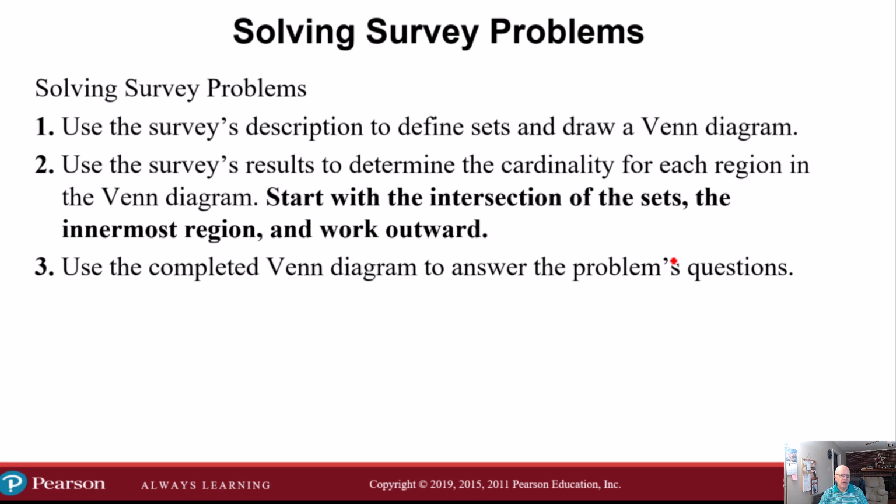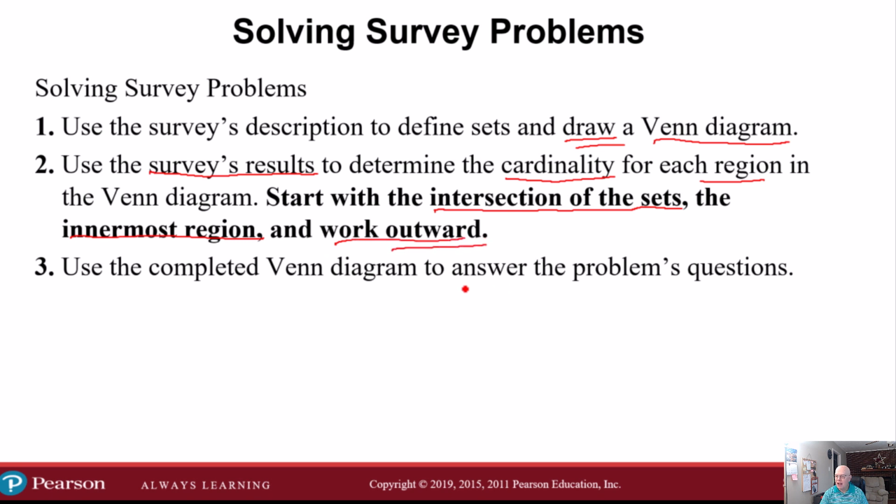So, solving survey problems: draw a Venn diagram. That's the first thing. Draw the Venn diagram, and then use the survey results. That's information in the problem that says how many of this and how many of that. That means cardinality for each region. Start with the intersection of the sets, in other words, the innermost region, and work out.